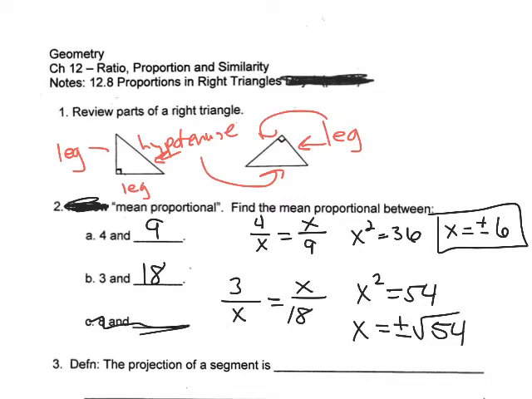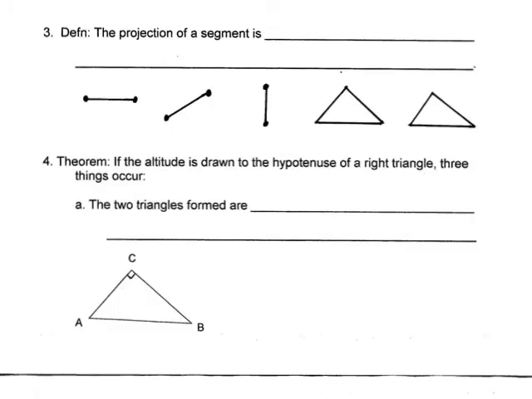Okay, so we're going to use this mean proportional in our definition of a right triangle with an altitude. But we have to define a couple other things before we get started with the examples. So we also have to define what a projection is, the projection in these problems, because that's a term I'm going to use. So the projection of a segment is basically the shadow it creates underneath the segment.